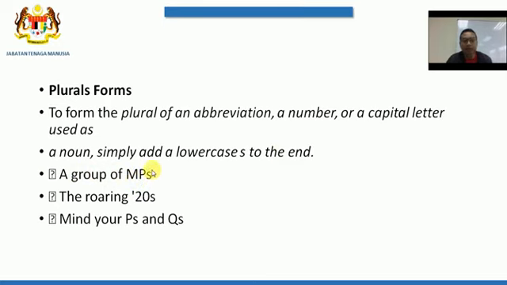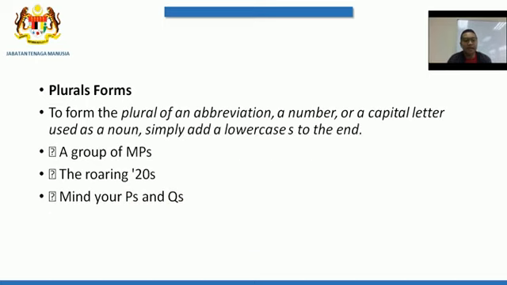So MP, if we leave out this letter s, shows the value of one. But if more than one, plural form, then we add a lowercase s. The Roaring Twenties, Mind Your Ps and Qs. Okay, we just add a lowercase s to show a plural form. Right? Let's move on to our next slide.